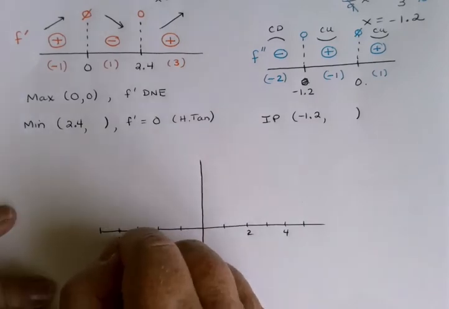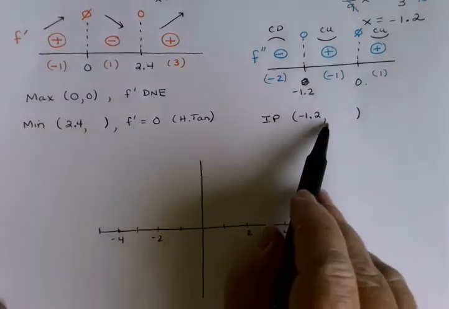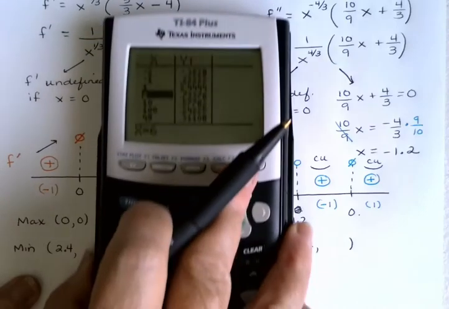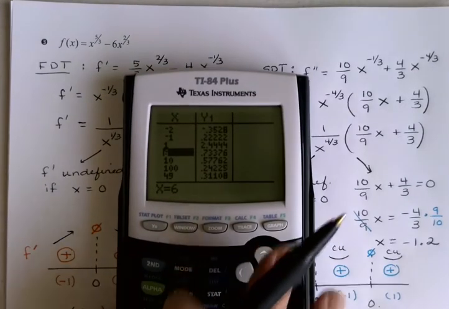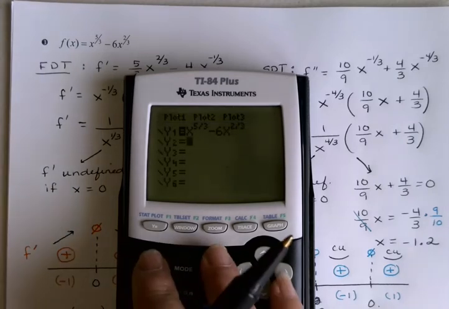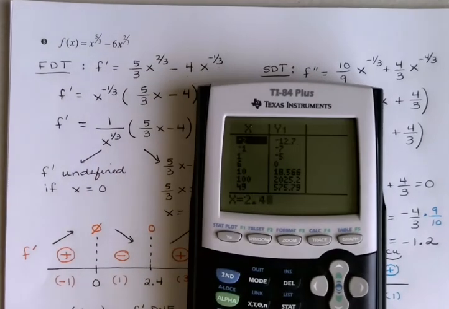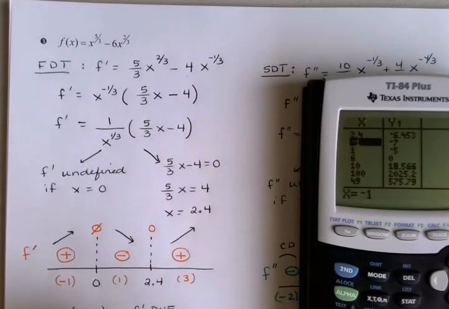And I should probably go in and get my y values before I label my y-axis here. I forgot I never did get those y values. Let's do that. If I go back to the original function, x to the 5/3 minus 6x to the 2/3, my minimum was when x is 2.4, negative 6.45.